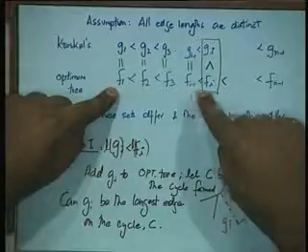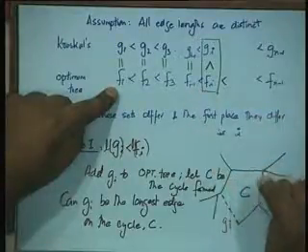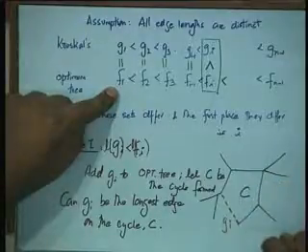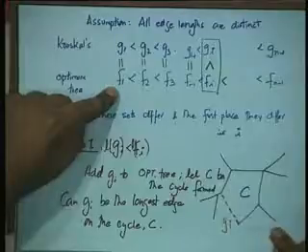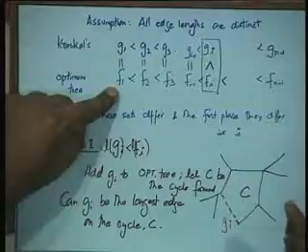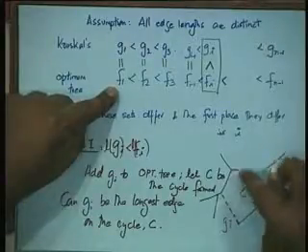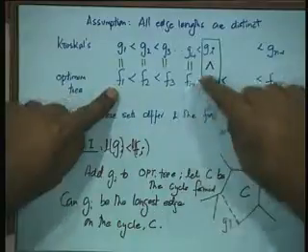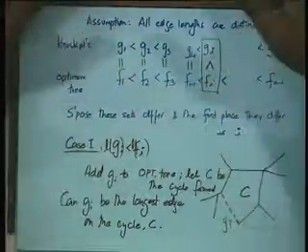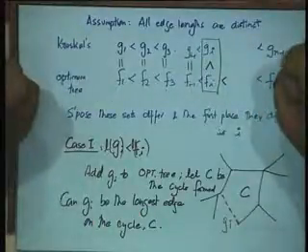Yes, these edges have to be from the set F1 through Fi minus 1. Then these edges have to be from the set F1 through Fi minus 1. But F1 through Fi minus 1 is identical to G1 through Gi minus 1.